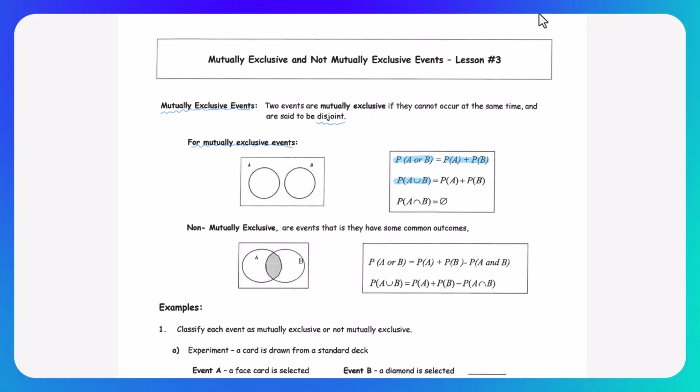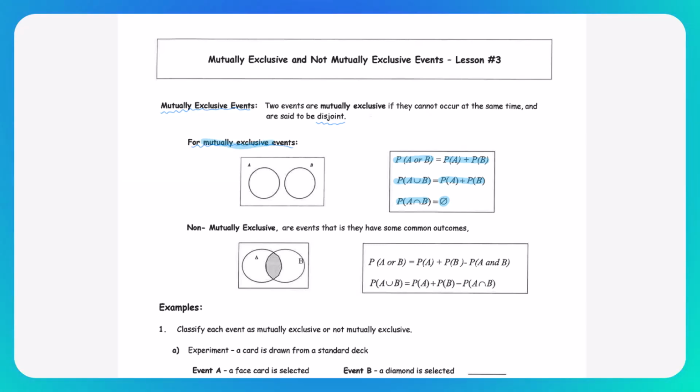Now, if we're uniting two things that aren't touching each other, then again, the probability is A plus the probability of B. This means that the intersection, or something that is in both A and B, has to equal the empty set, or in other words, the probability is 0.